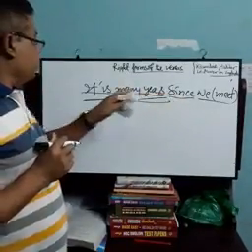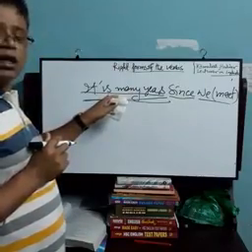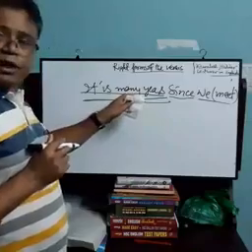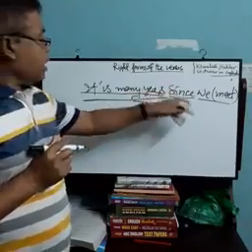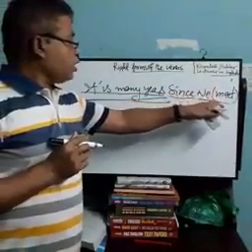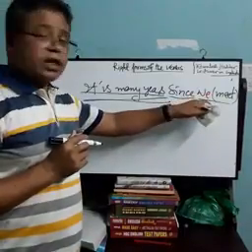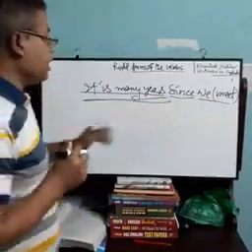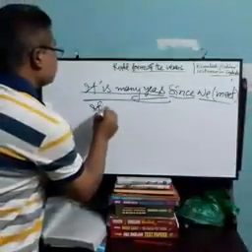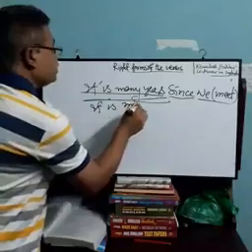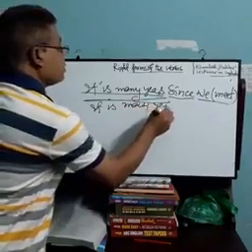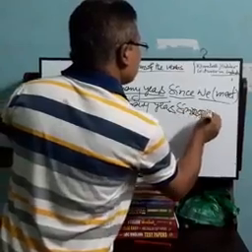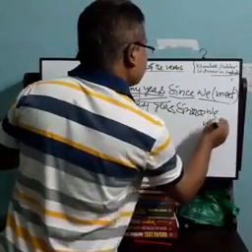if the beginning clause is in present indefinite tense or in present perfect tense, the last clause, the clause after since, would be in past indefinite tense. That is, it is many years since we met.